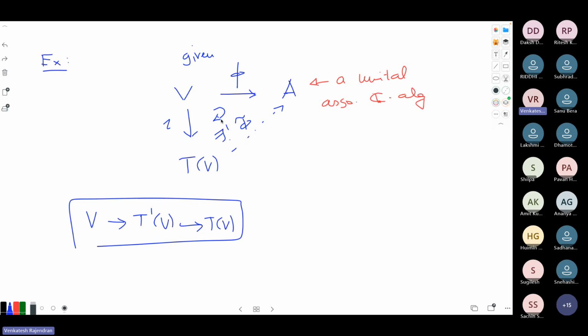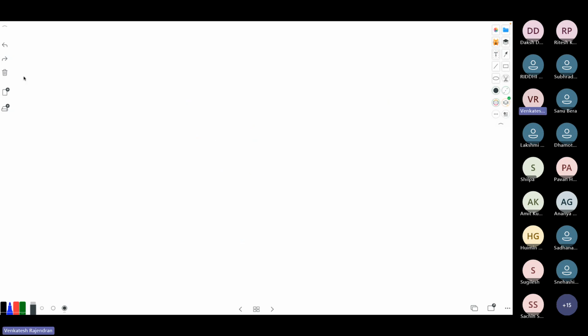Now let's look at the commutative version of this. If we take the variables x1 through xn and allow them all to commute, let's see what happens. V has a basis denoted by x1 through xn. In the tensor algebra, these x's don't commute.